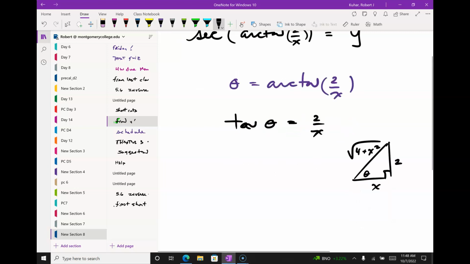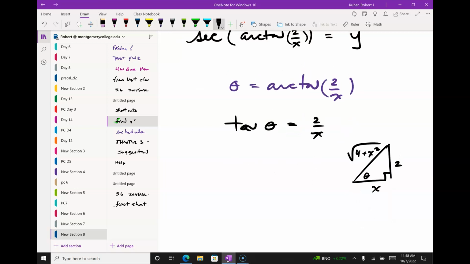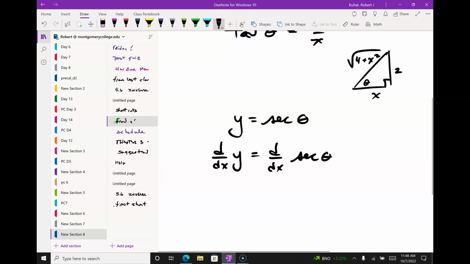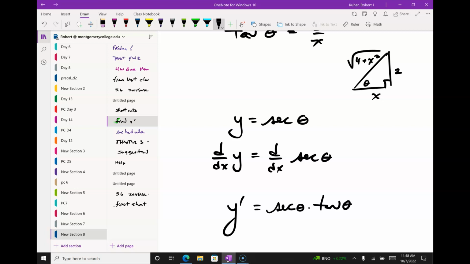So derivative. So what do we have again now? We have y equals secant of theta, right? And we're doing the derivative of both sides. On the left-hand side, I get y prime, right? Implicit. We've been doing that for a long time. On the right-hand side, what do I get? Good class. Secant of theta times tangent of theta times what?